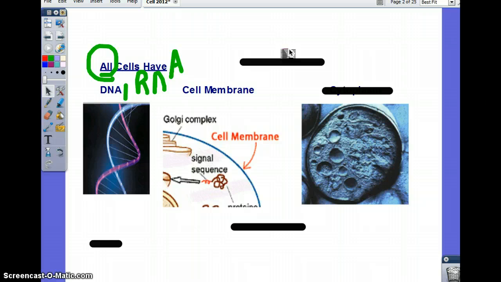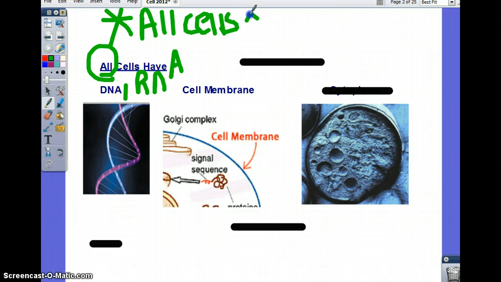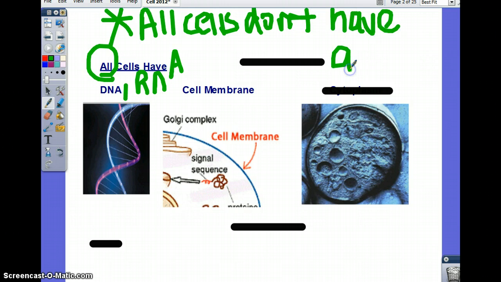What's the 3rd one? Nucleus. Nope. I'm going to put a star here. All cells do not have a nucleus.